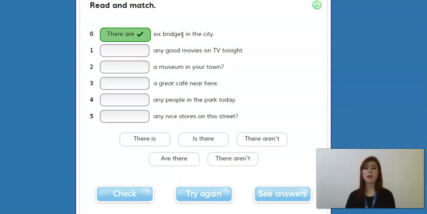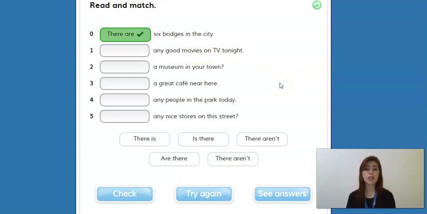Now let's take a look at number 1. Any good movies on TV tonight? Well, we see that it's also a sentence that doesn't have a question mark. So we can't make a question here. And when we have any, but we don't have a question mark, it's because we have a negative sentence, right? And another thing we have to observe is that the noun is in its plural form. We have movies.